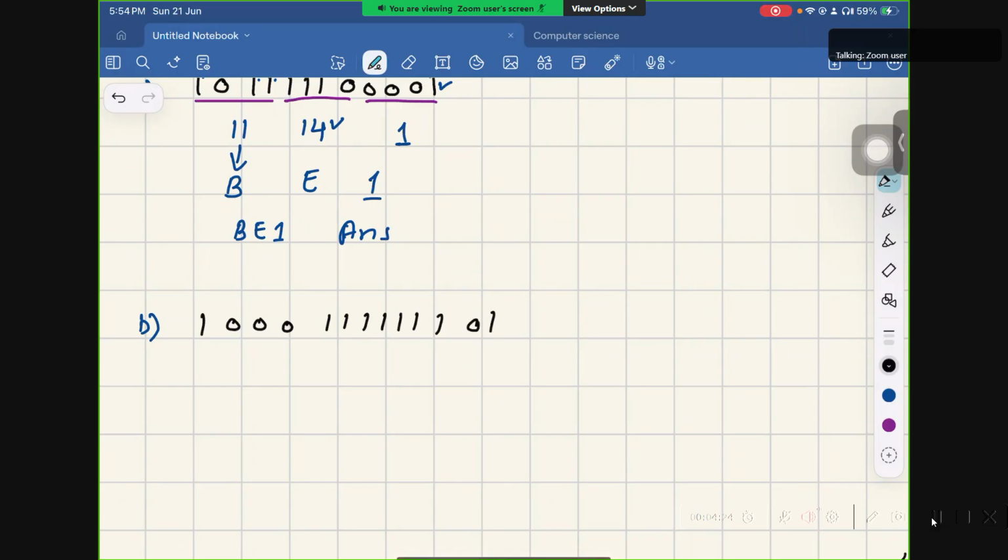We split all these binary digits into 4 bits, starting from right to left. 4 bits, 4 bits, 4 bits. Now, if you can see, we are left with only one bit on the left side. So you can put zeros in order to make it 4 bits. Even if you do not put zeros, that is not going to make any difference at all.